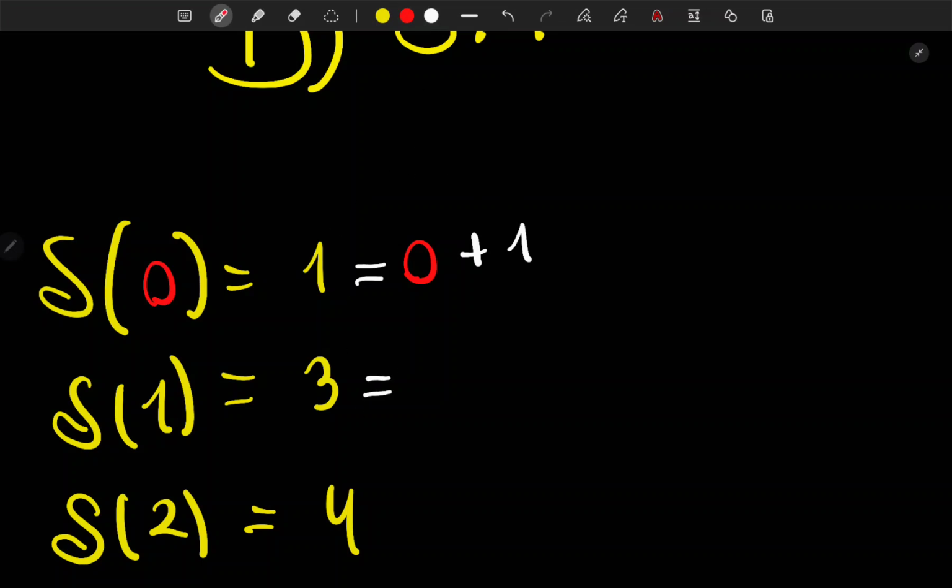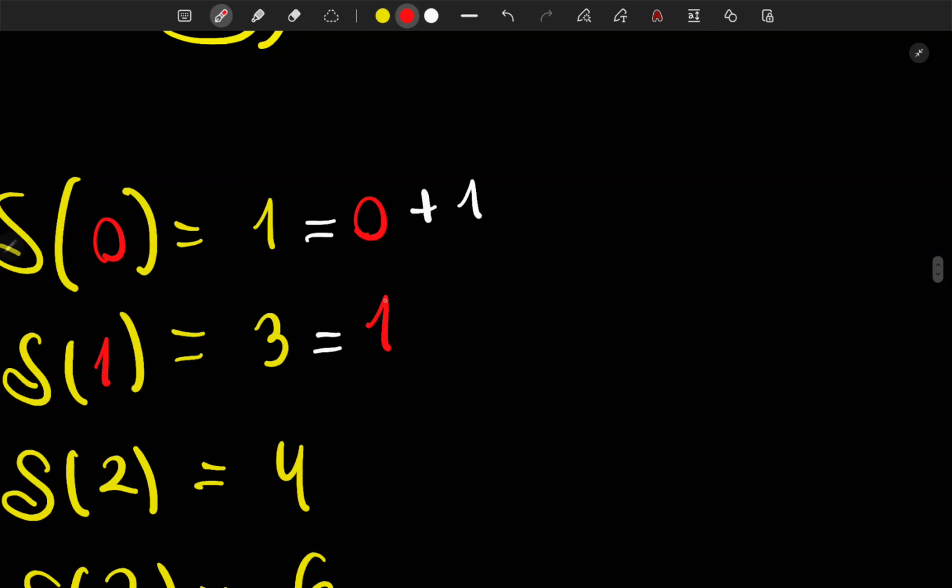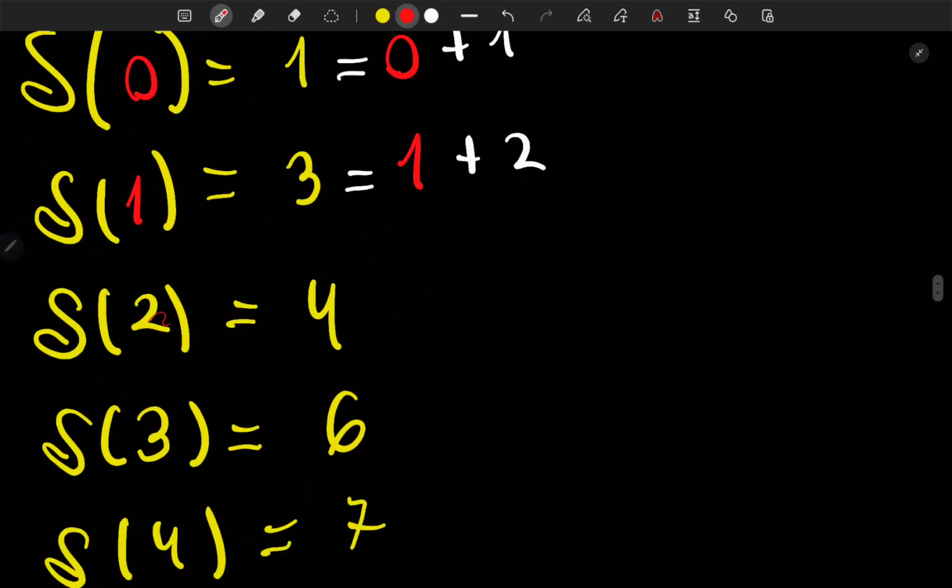We can say too that if we have 1 here, we can put this 1 here and add 2 to get to 3. And we can do this for all the following numbers. If we have 2 here, this equals 2 plus 2, and then we get to 4.